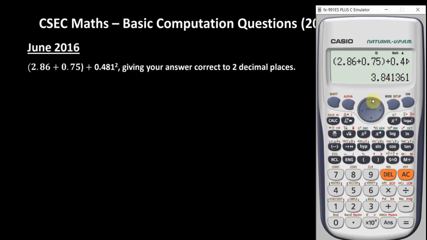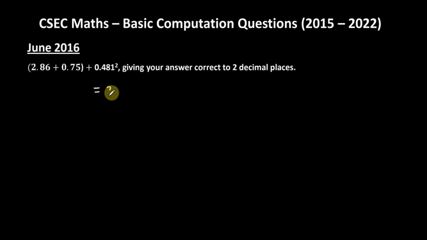Hopefully that makes sense, right? And because this one falls under the category of being 4 or less, then we'll keep this 4 right here. So therefore the answer to 2 decimal places would have been 3.84. So that's our answer to 2 decimal places.